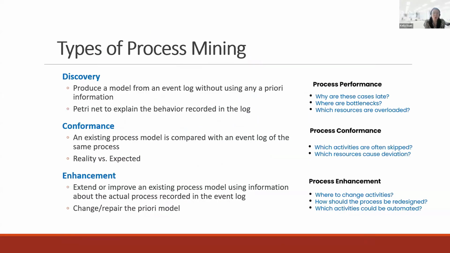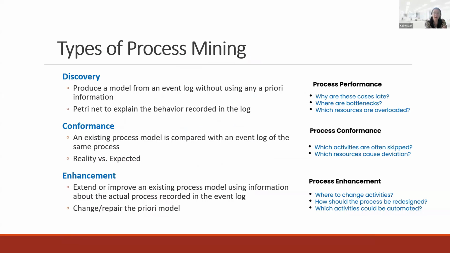As I mentioned before, there are three types of process mining. The first is discovery, which takes an event log and produces a model without using any prior information. It produces a business process model explaining the behavior recorded in the event log. For example, a social network showing how people work together in an organization.